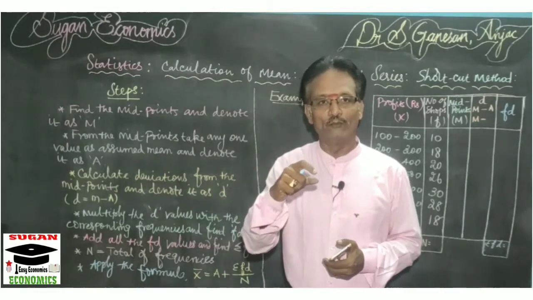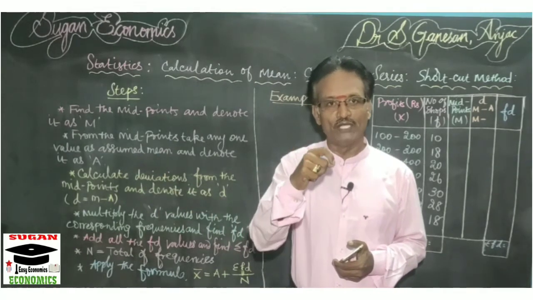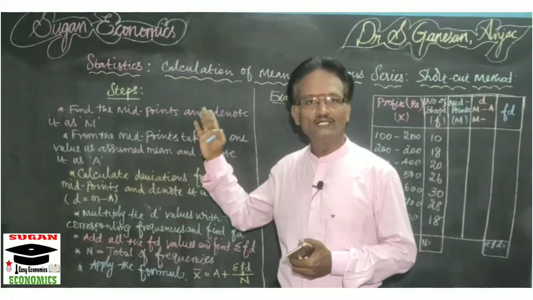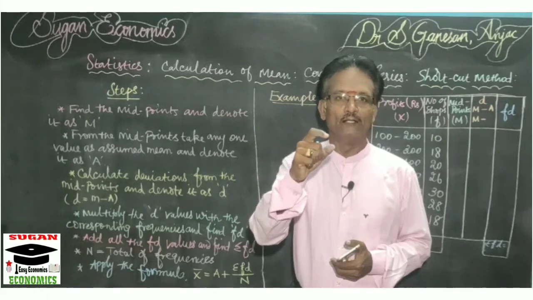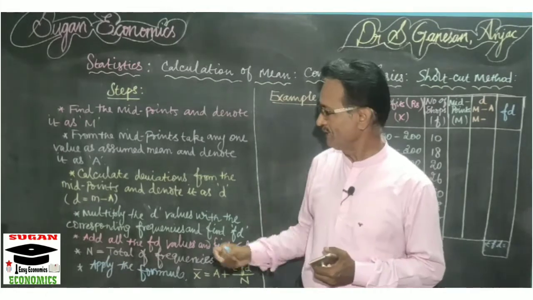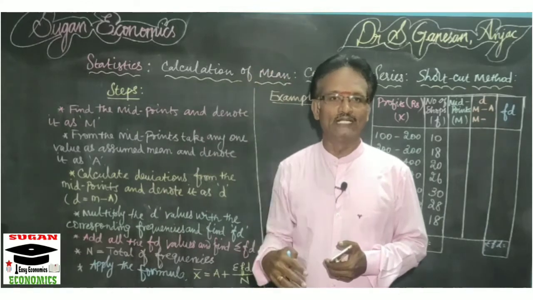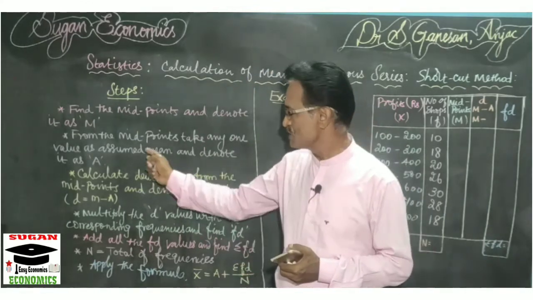Normally the assumed mean will not be a very small or a very big value. It should be a middle value, right?